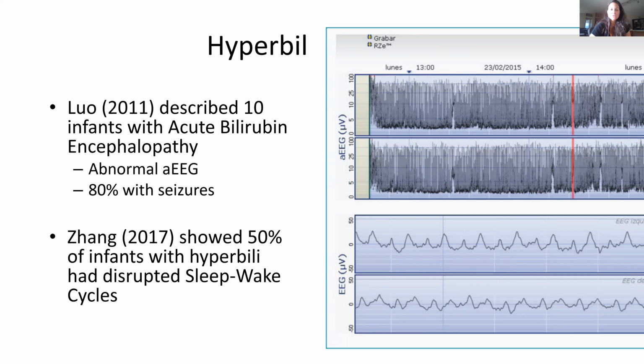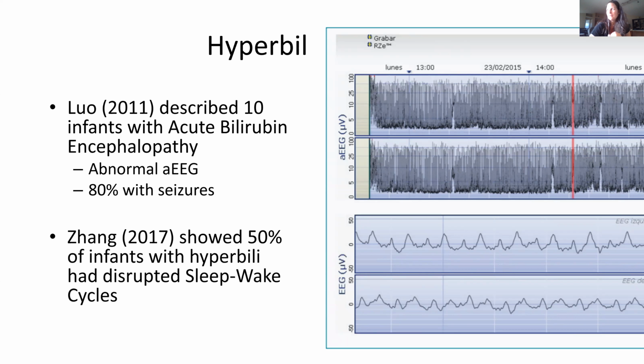And then 2017, Dr. Zhang, another physician from a different hospital in China, found that 50% of babies with hyperbilirubinemia have disrupted sleep-wake cycling, which is interesting as well. If we think back to some of the talks we've had before about sleep-wake cycling and the importance of sleep, it's interesting, right?